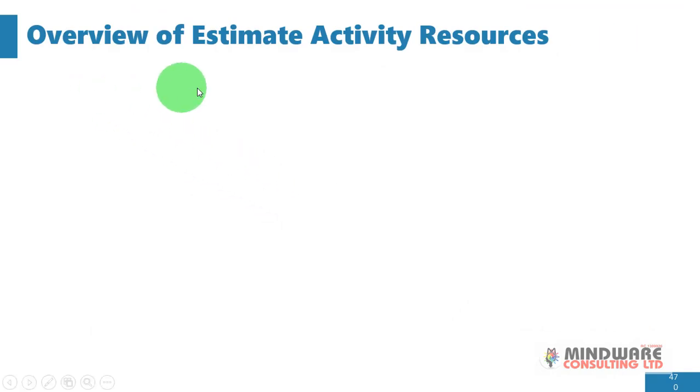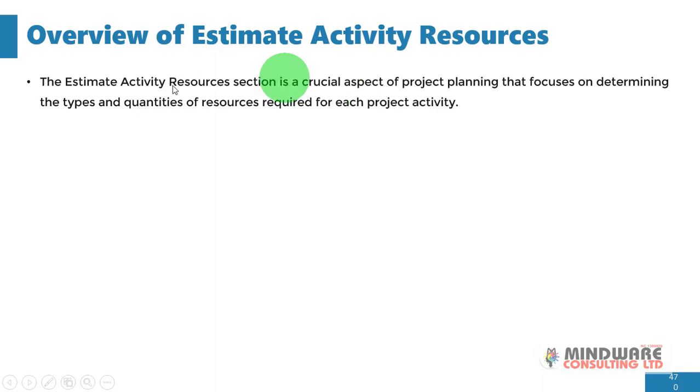Now, starting with an overview of the estimate activity resources. The estimate activity resource section is crucial in the planning of your project, and it focuses on determining the types and quantities of resources required for each project activity.